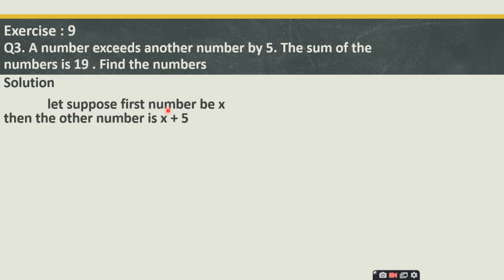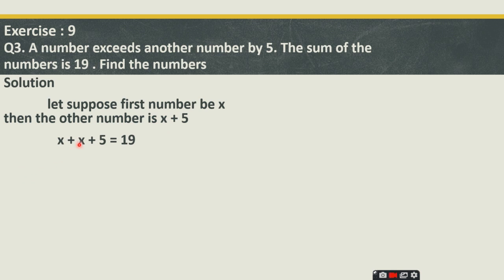Let's suppose the first number be x. Then the other number, because this number exceeds another number by 5, would be x plus 5.